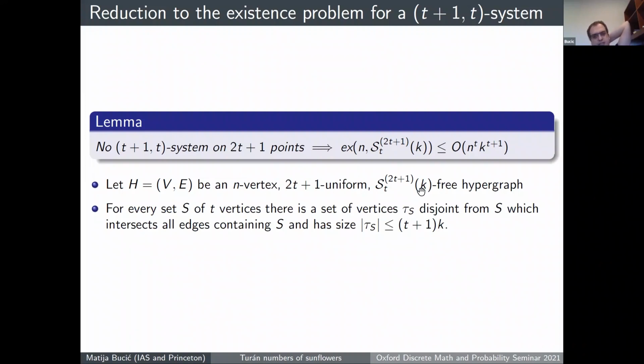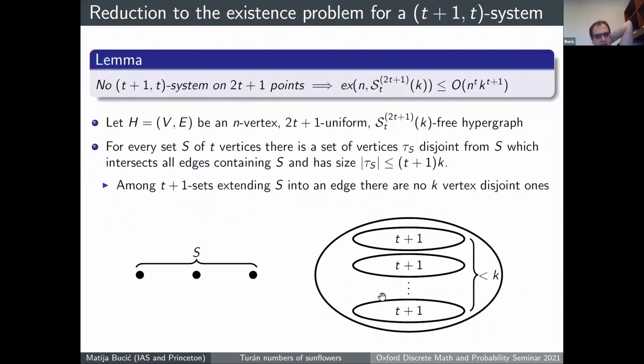I claim that because there is no balanced sunflower, we can find a small set of vertices tau S, which we think of as a certain cover set, which is disjoint from S and which intersects all edges which contain S. By small, I mean it should have size at most t plus 1 times k. Remember, t plus 1 is smaller than the uniformity, so this is a constant for us. So the size of this is actually roughly k.